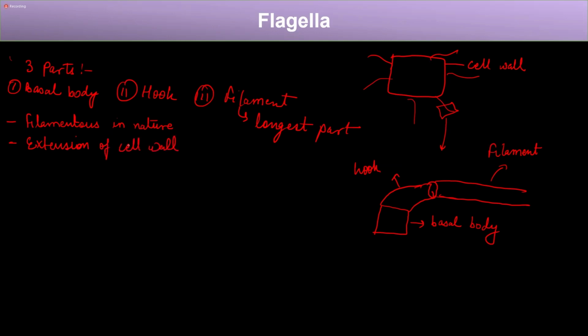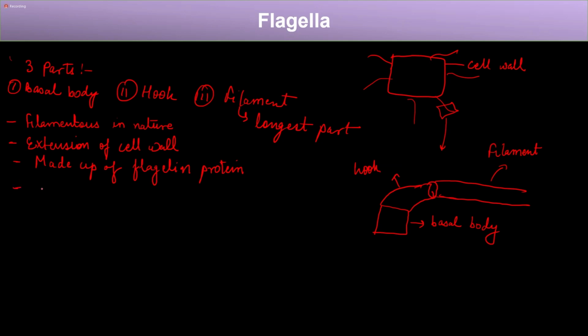Third, it is made up of a special type of protein called flagellin protein. Again, is flagella present in all bacteria? No, the answer is no. We just saw there are some bacteria in which the flagella is present, and others in which it is not present.